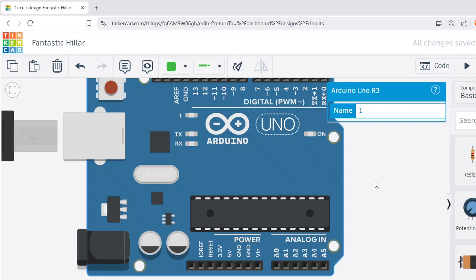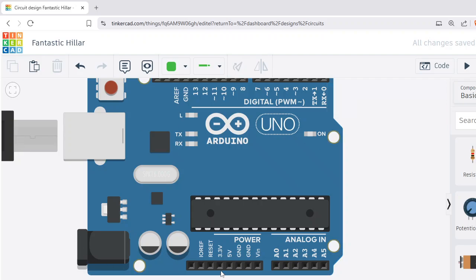And the third point where we can give a voltage to this Arduino is from here. This is called V in. V in actually means voltage in. So voltage given to the Arduino can come from the computer, from the battery, or using this particular pin, right?